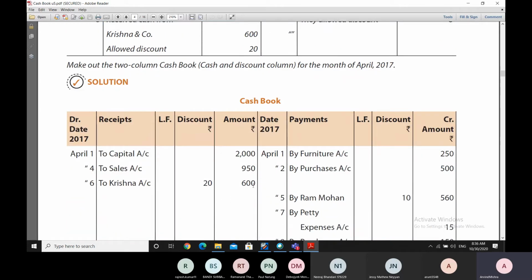So in the amount column, we always write the actual amount received. If we had received 580, then we would have written 580. We have received 600, which means that a total amount of, let's say, 620 was due to be received, but 20 rupees is the discount allowed to Krishna, and therefore out of 620 we have received 600 in cash, and 20 rupees we have allowed as discount.